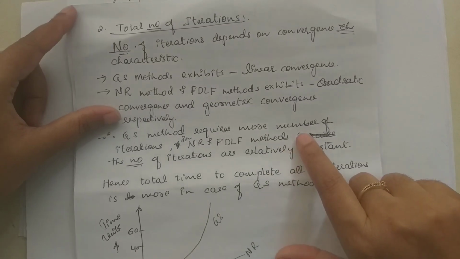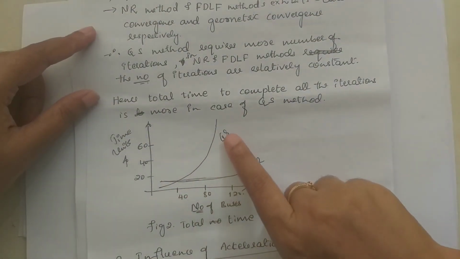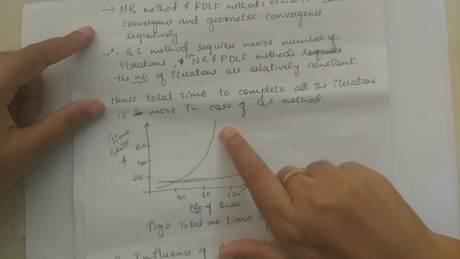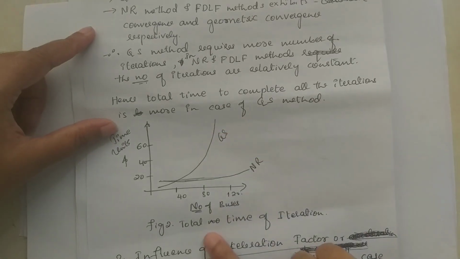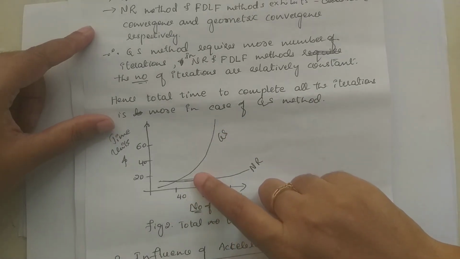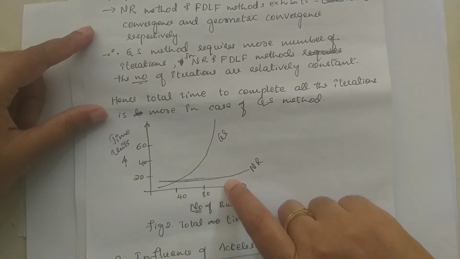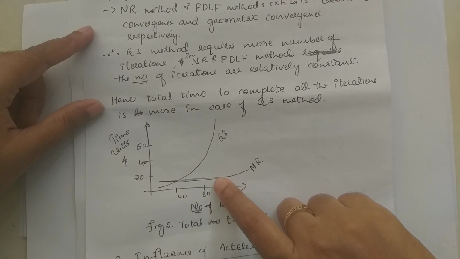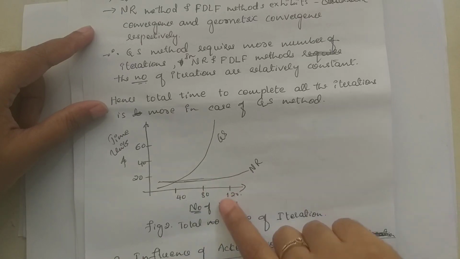The characteristic of the GS method is like this: as the number of buses increases, the total time of the operation increases. For the NR method the total time is almost constant because the total time to complete all the iterations is very less, as only a few iterations are required.